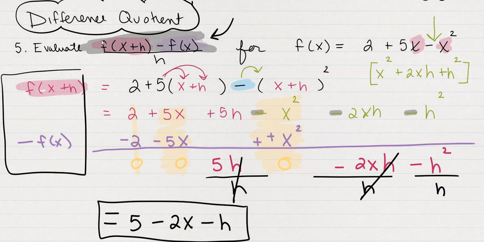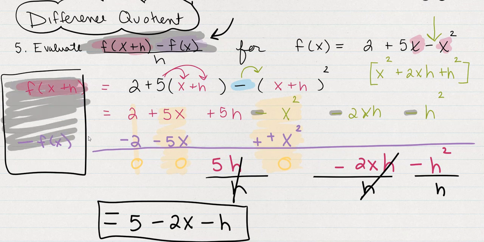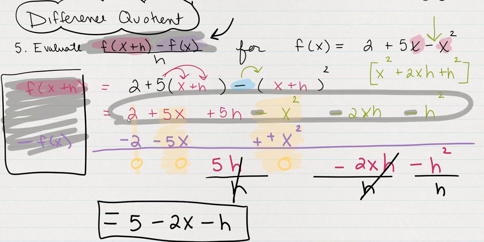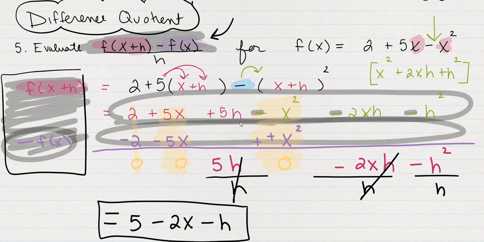To do the numerator, f of x plus h minus f of x, I'm going to write them above each other. So I've got my f of x plus h here, and then I'm going to subtract f of x here, and it lines up so nicely.